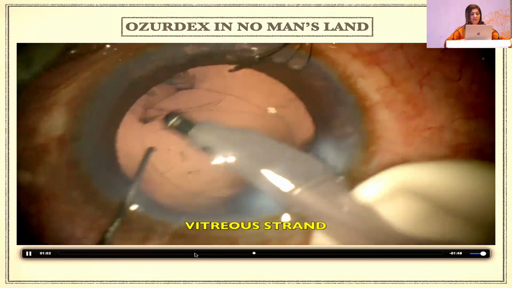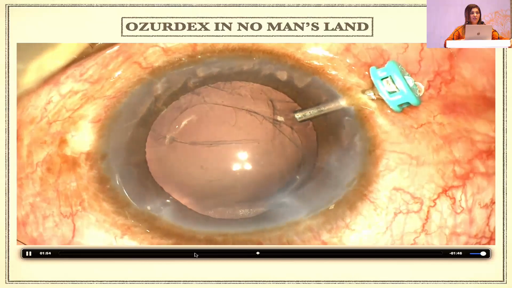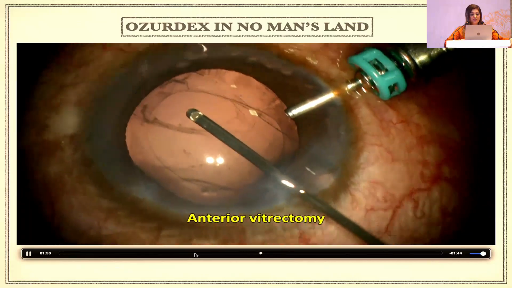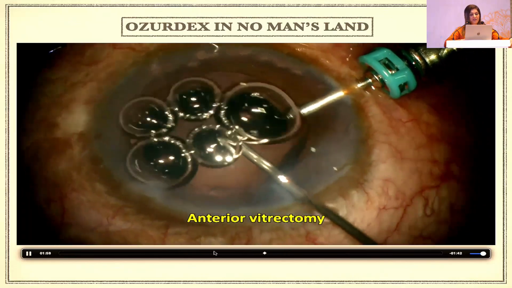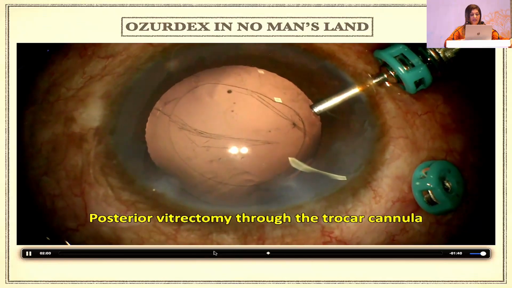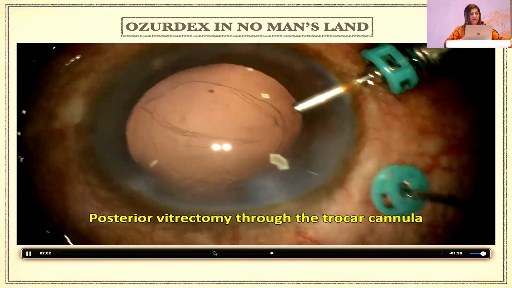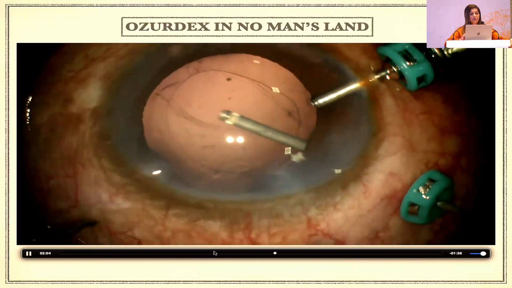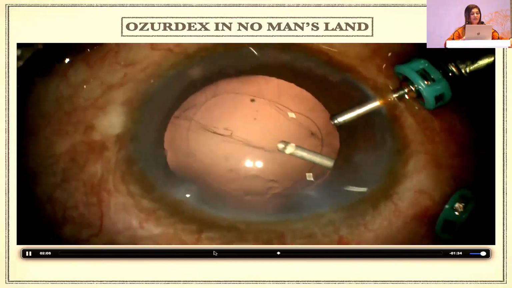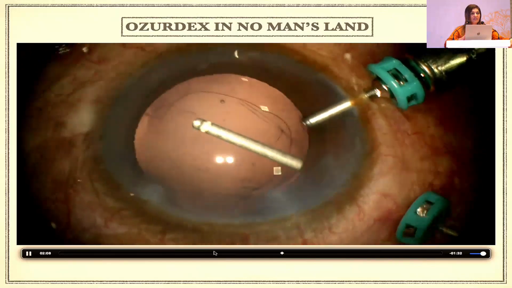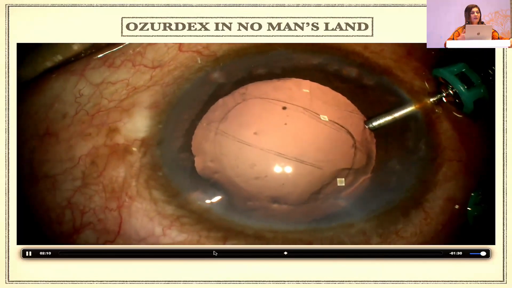So now this is a point. You should not be fishing at that point because the vitreous is already there. The best thing is to take up a vitrectomy cutter and do a vitrectomy. Now this is the difference. When you do it from the limbal vitrectomy, you're never satisfied because the vitreous keeps on pulling and coming into the anterior chamber.